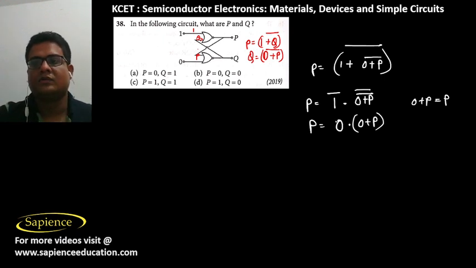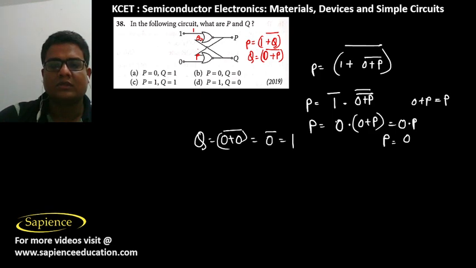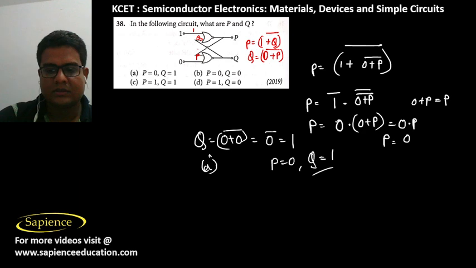Since if P is 0, then it is 0, if P is 1, that is 1. So this is 0 and P. Zero and with something is 0. So P is equal to 0. So Q is equal to 0 or 0 and it's not. So 0 or 0 is 0 and its not is 1. So Q is 1 and P is 0. So option A is the correct answer.